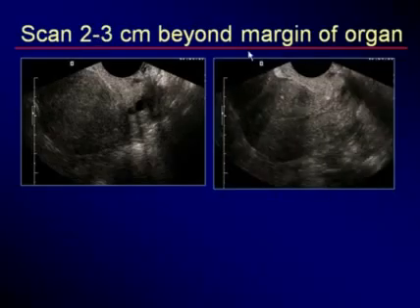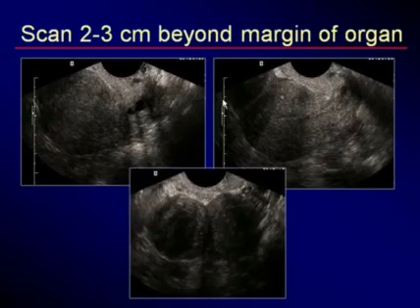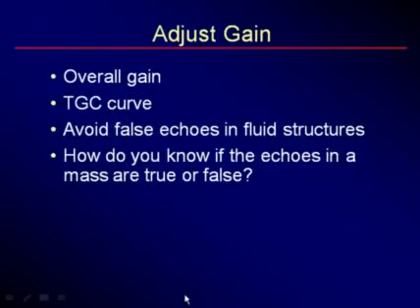It just so happens that there actually is a mass sticking off the fundus of the uterus. This was a pedunculated myoma that was pressing onto the bladder and causing dysuria in this patient. It could have been missed.